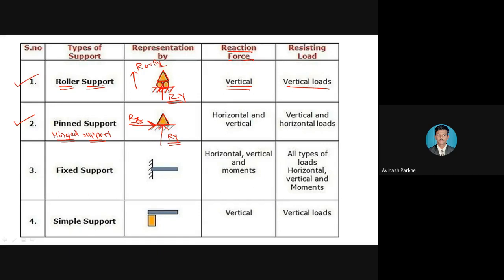That means it has restriction to move in the X direction and the Y direction. In a roller support, it has restriction to move in the Y direction only. In pinned support, one reaction is in the horizontal direction, another in the vertical direction, restricting movement in the x and y directions.